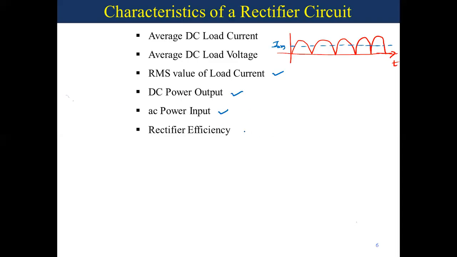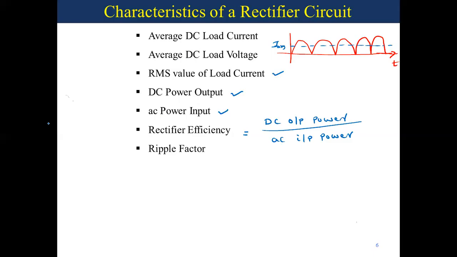So rectifier efficiency is equal to DC output power by AC input power. That gives the rectifier efficiency. This rectifier efficiency describes how much of the AC input power is converted into DC output power.